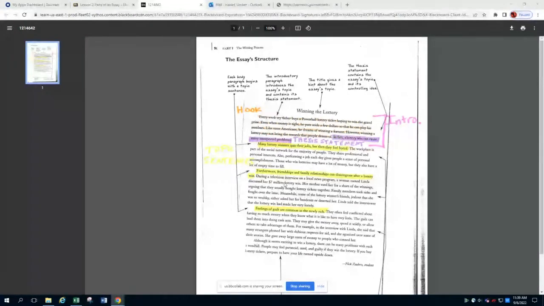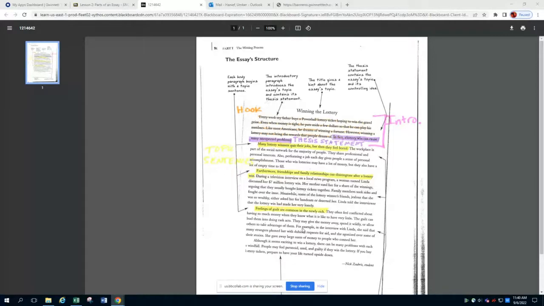What is the first sentence called at the beginning of every body paragraph? Keep going, Brianna. You've got the first word. You guys, it's written right here on the side. There are arrows pointing towards it. Topic sentences. Thank you, Ashima.